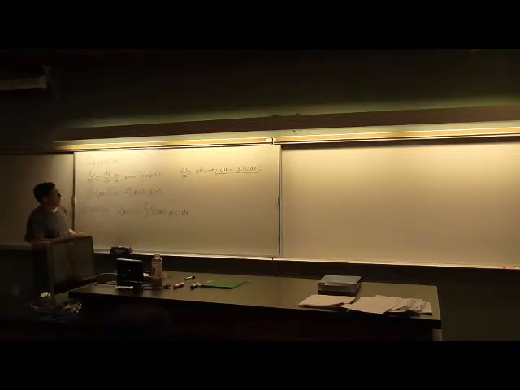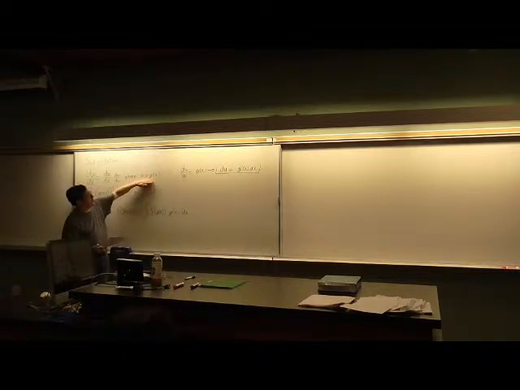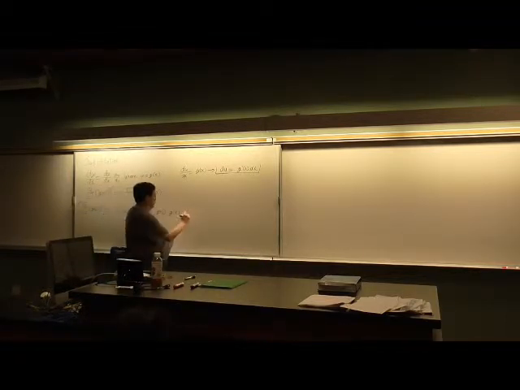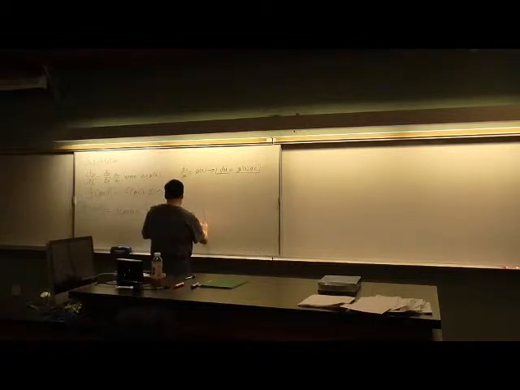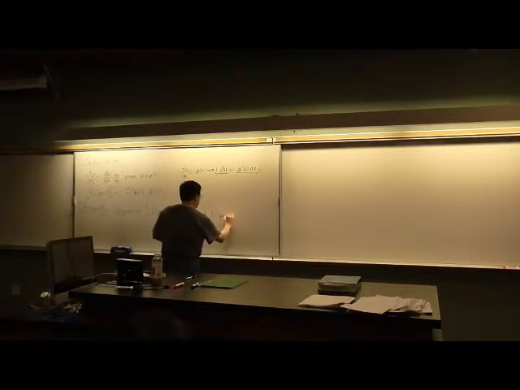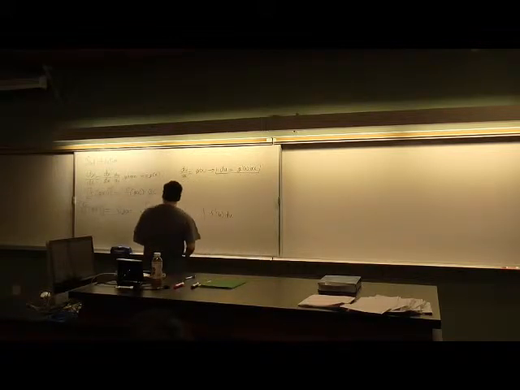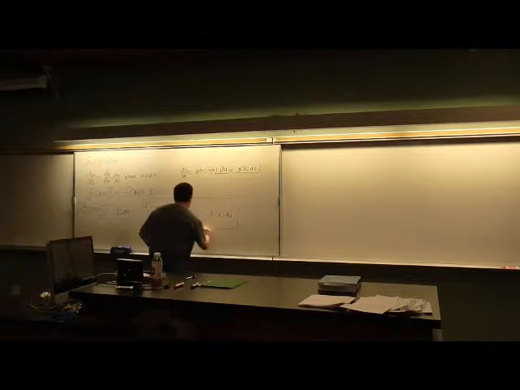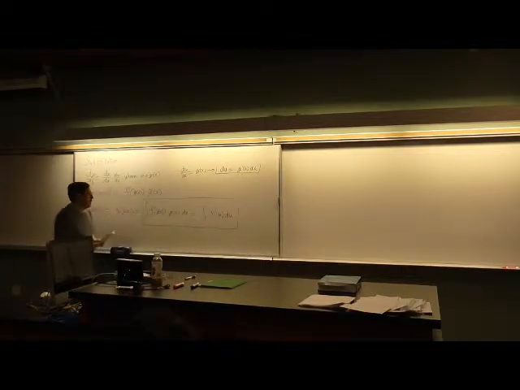And now I'm going to change my notation a little here. I'm going to substitute u for g of x and du for g prime of x dx. And so I'm going to get the integral of f prime of u du. Now this is the substitution formula.